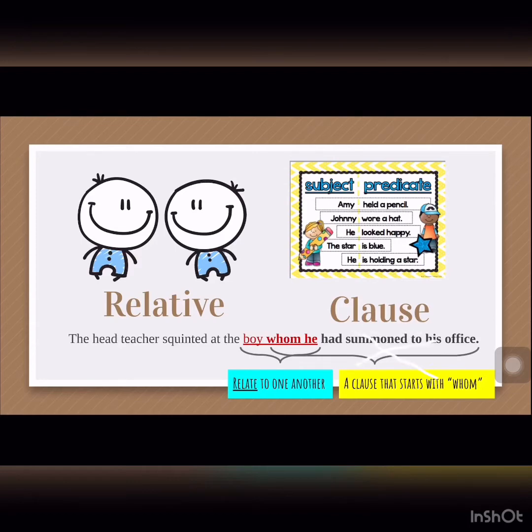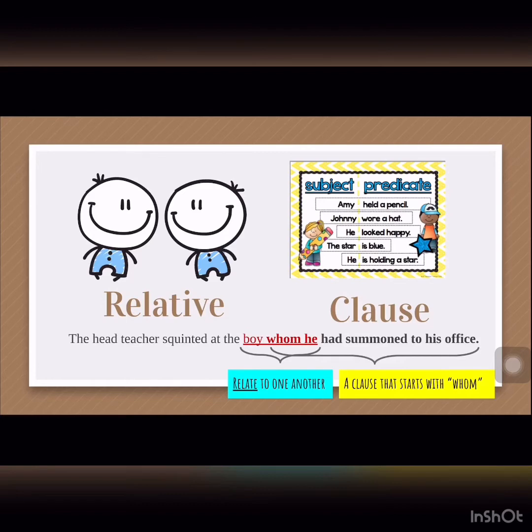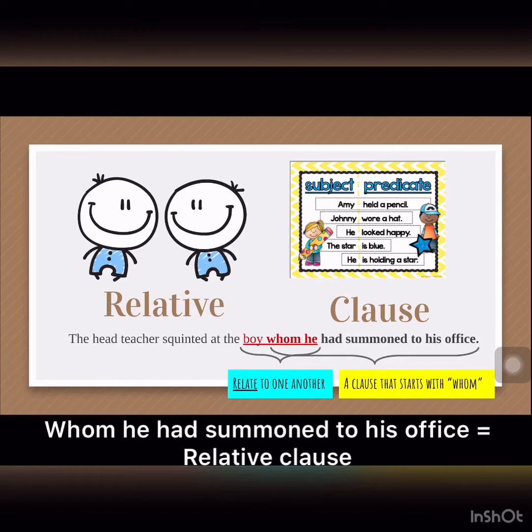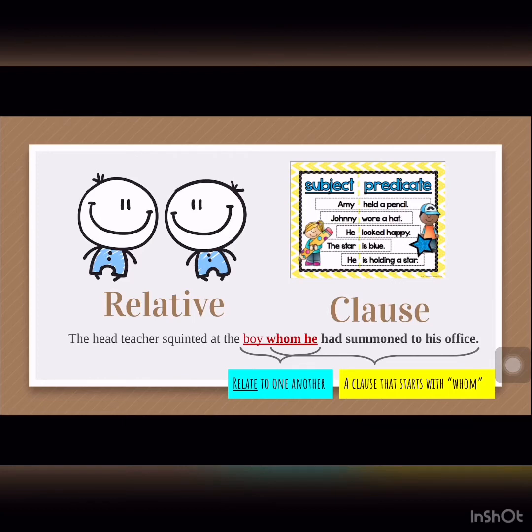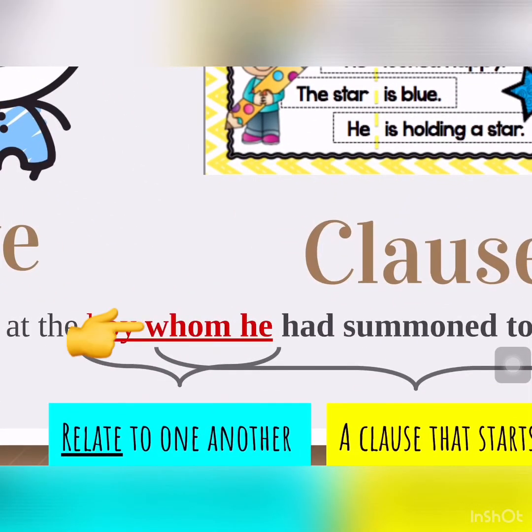What happened to the boy? Now I talk about the boy again. The relation, you can see it there: whom he had sent to the office. So whom is a relative pronoun. The entire thing, whom he had sent to his office, is a relative clause because it starts off with a relative pronoun, whom. Okay.